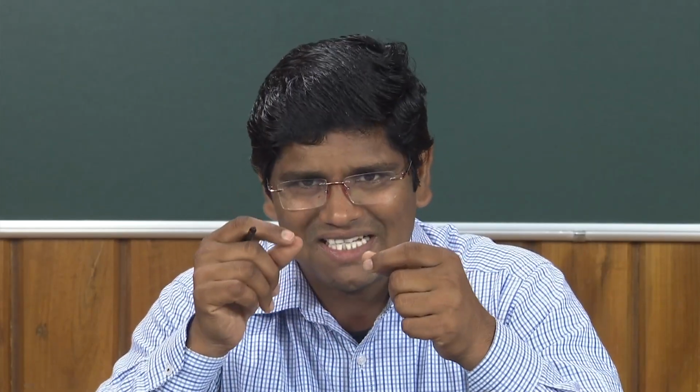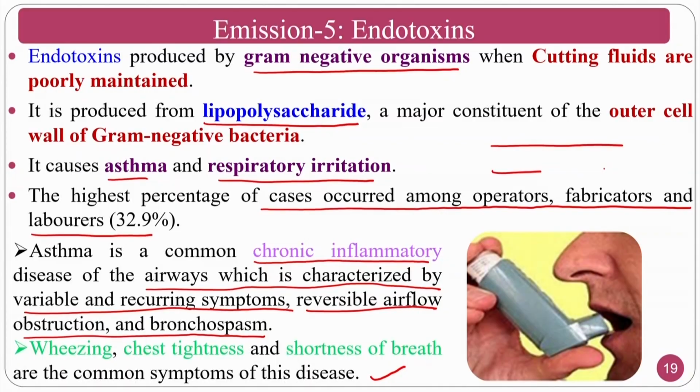Asthma and other breathing problems will occur whenever there is an emission of endotoxin in the machining region or grinding region. If it is breathed in, what will happen? Assume I have a cylinder, your air passage. If the diameter is going to reduce, it will narrow down and cause the wheezing action, a lot of sound, short breath, you cannot breathe properly.